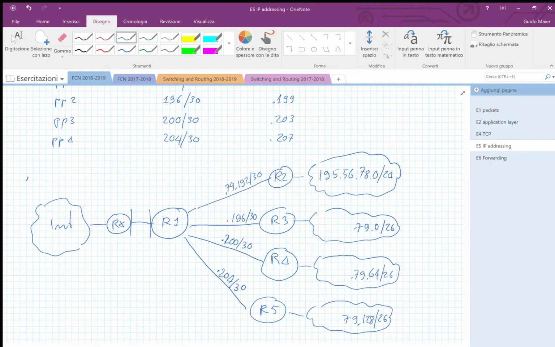So here you have to assign, for instance, if we take router number 2, we have to assign to one interface an IP address which is in the range of point-to-point 1 network, and for instance it would be .193, okay? So it would be this address.